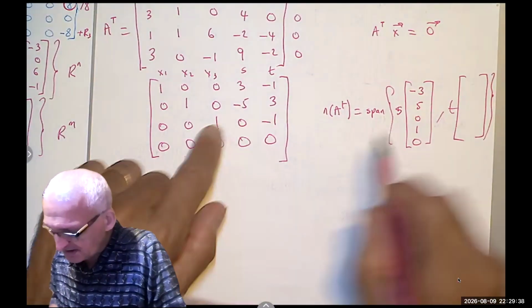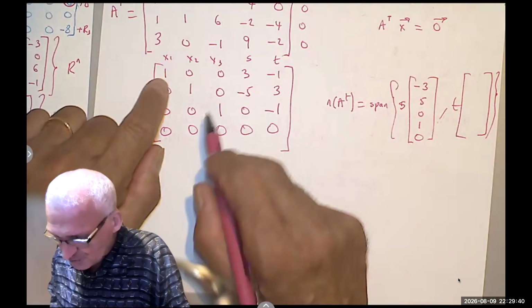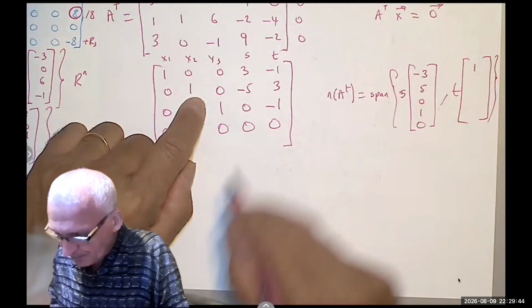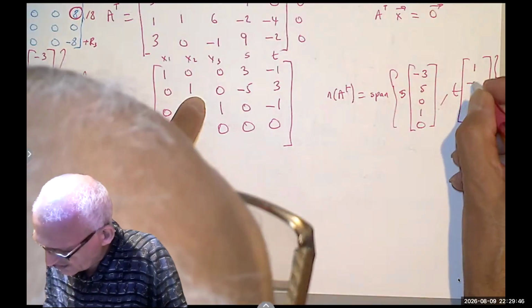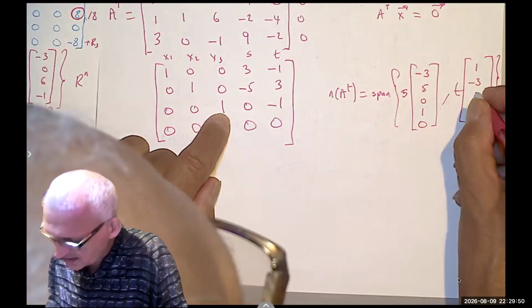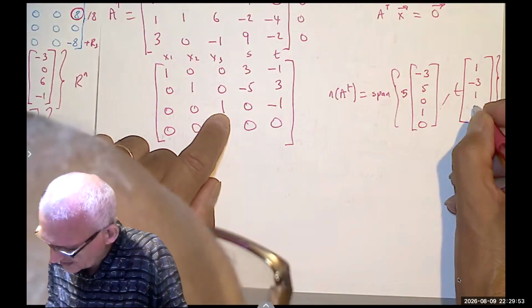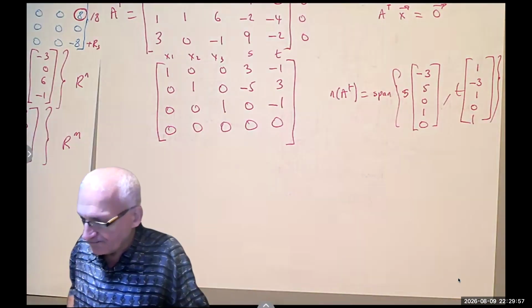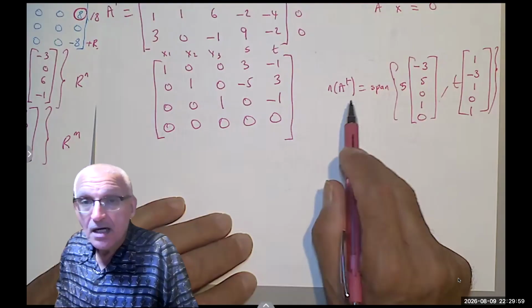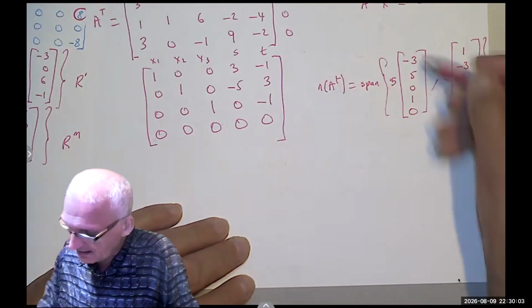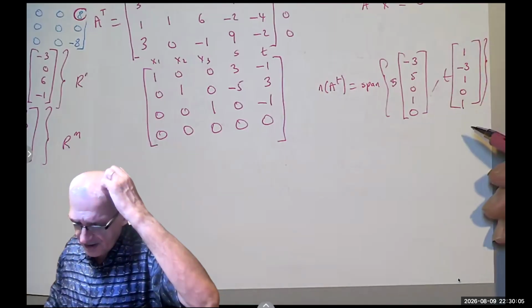How about the t? x1 minus t, so x1 is t. x2 plus 3t, so it's negative 3t. x3 minus t, so it's t. x4 doesn't have a t, and x5 is just 1t. Meaning, the basis for the left null of A are these two vectors.